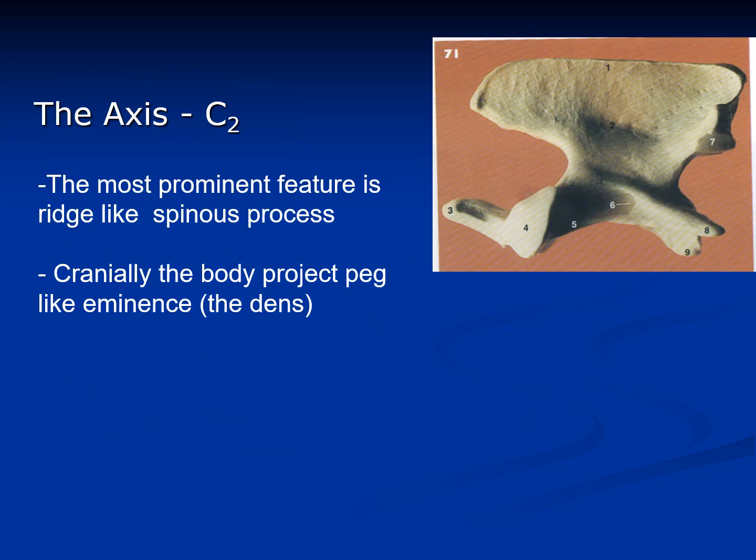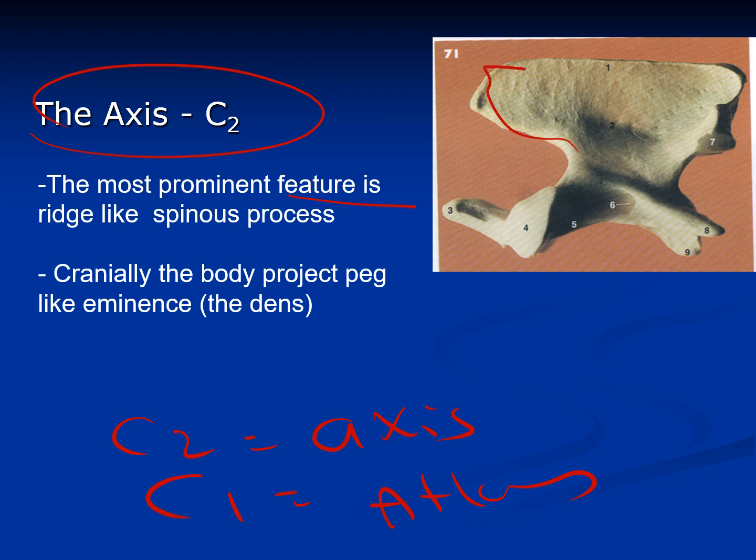bone of the skull. The C2, the other name is the axis, so when I say C2 it means the axis, and C1 is the atlas. The most prominent feature of C2 is the ridge-like appearance of the spinous process, and we can see here the body of this vertebra, and this structure that projects cranially.